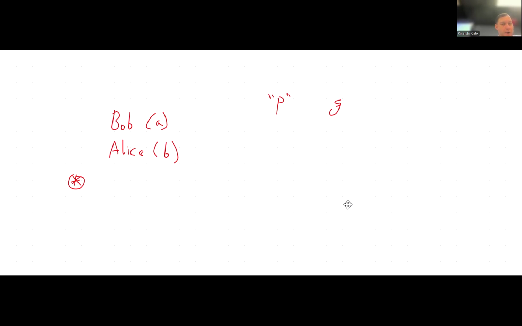All right, so then we're going to say a private value A has a public value, a value such as, and then I'll give you the formula.